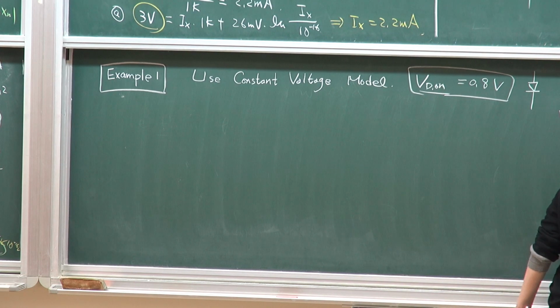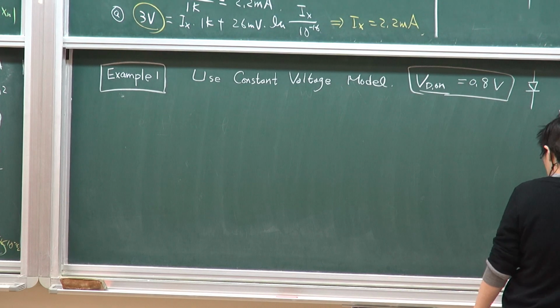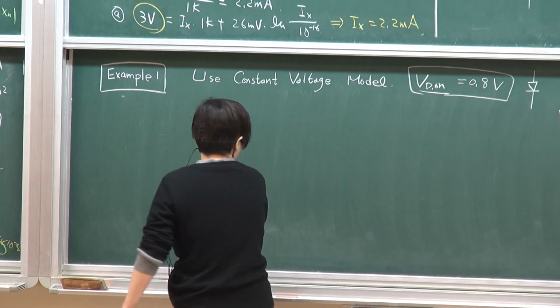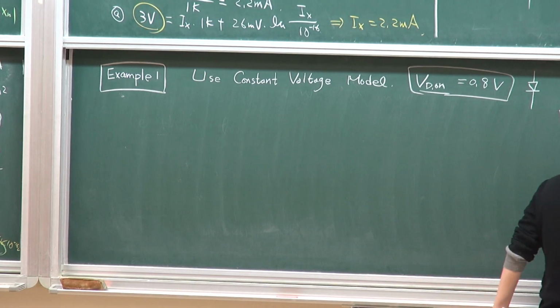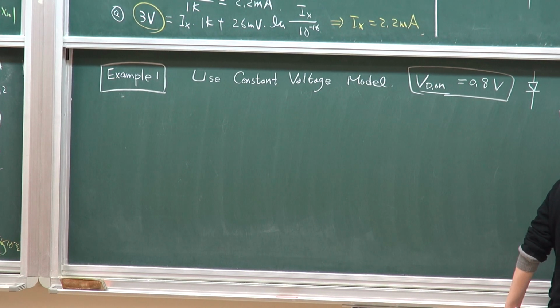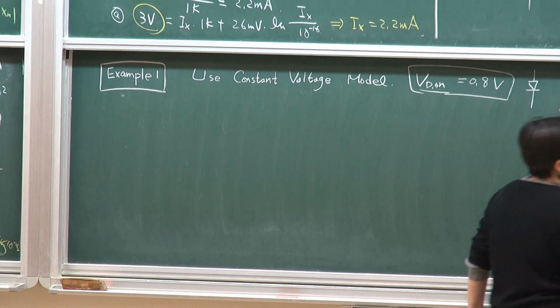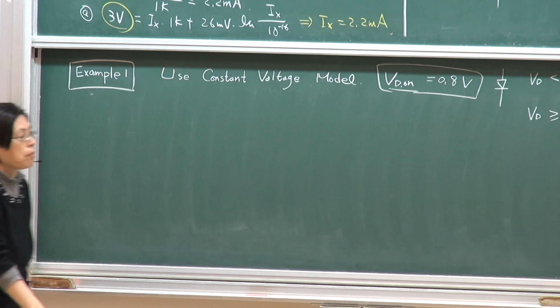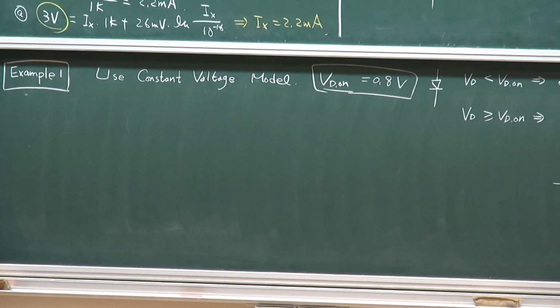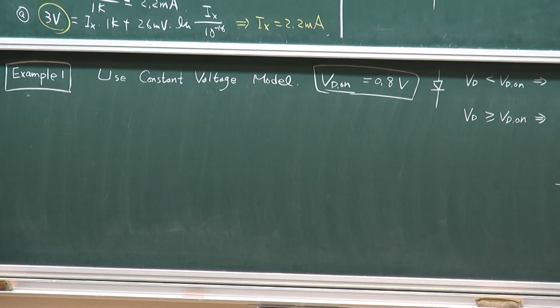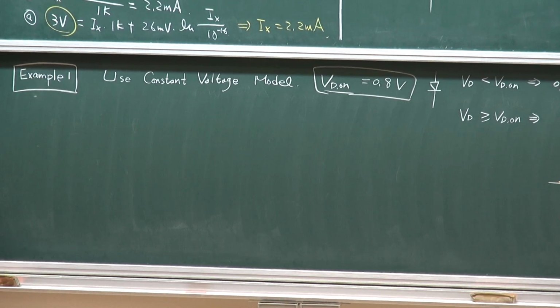If you want to draw the IV characteristic of this model, it would simply be 0.8, and it turns on. That's basically it. Using this model, we're going to go through a few examples.